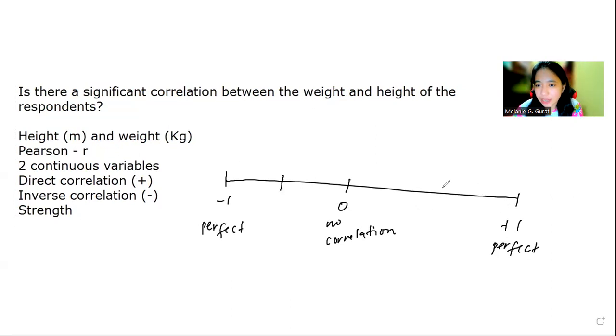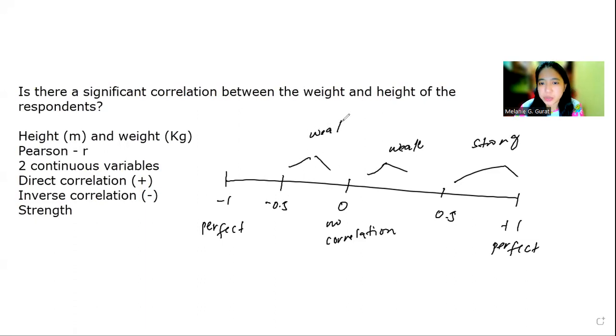So let's divide this so that we can still describe this in terms of strong or weak. It's weak if it is within 0 to 0.5, and it is strong if it is from 0.5 to 1. Similarly, this is also weak and this is also strong. For other materials, you can also describe this by dividing it again into 2.